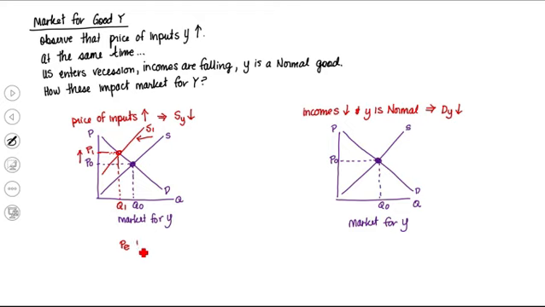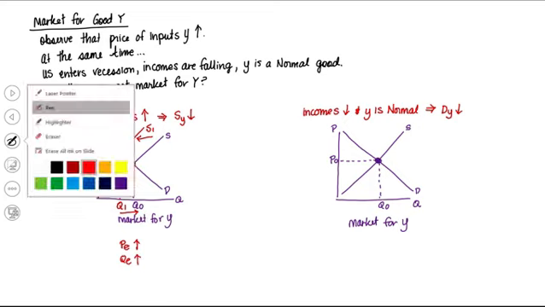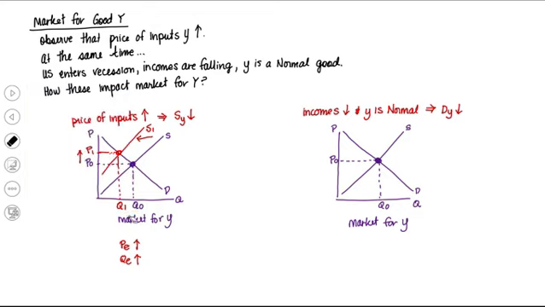You see that right here. And equilibrium quantity also goes up. I'm sorry, it goes down. My bad. Equilibrium quantity goes down. All right, you with me?